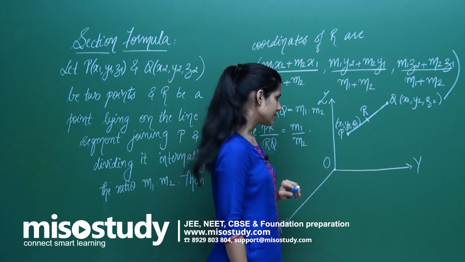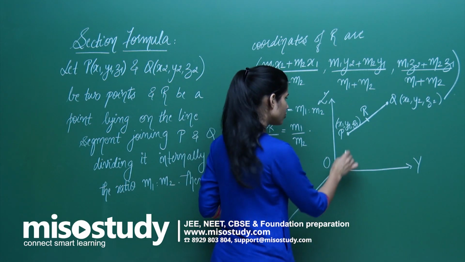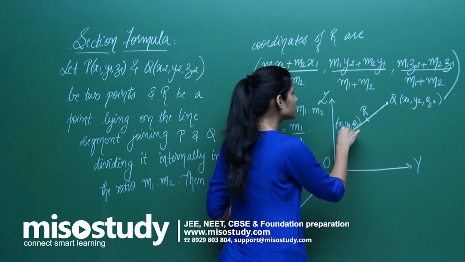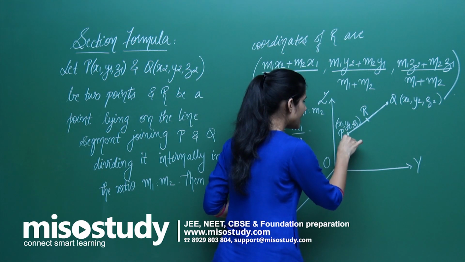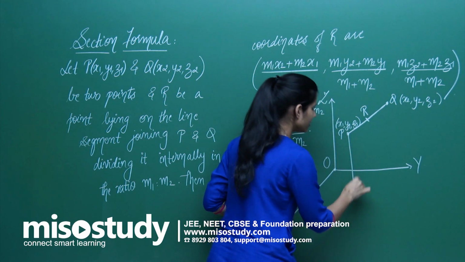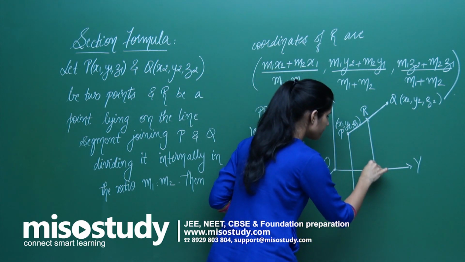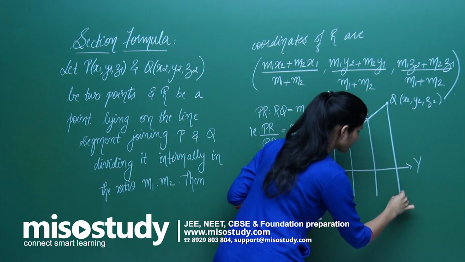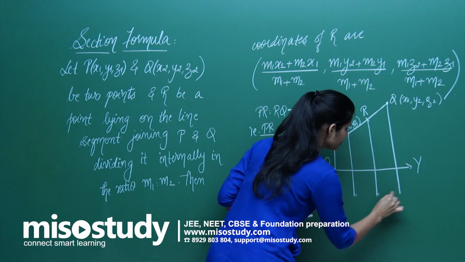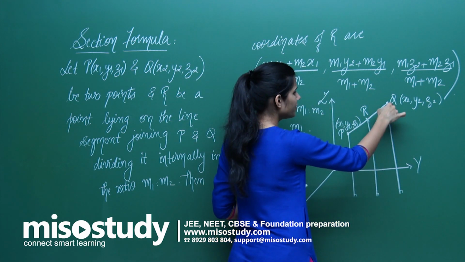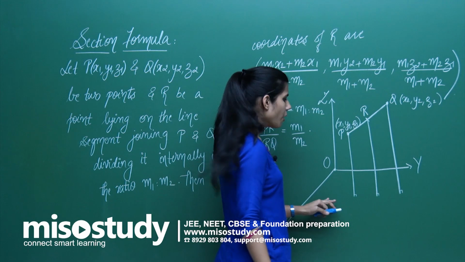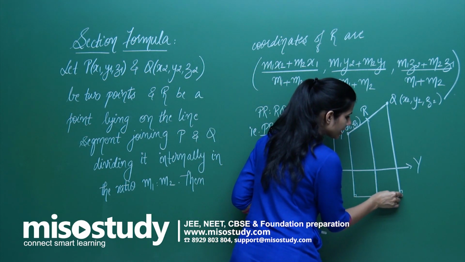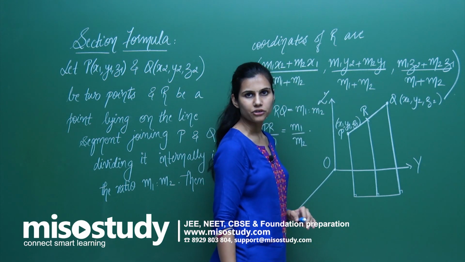The strategy is, just like we adopted in the distance formula, drop perpendiculars from each of these points to the xy plane. Clearly the feet of these perpendiculars are going to lie on a straight line.